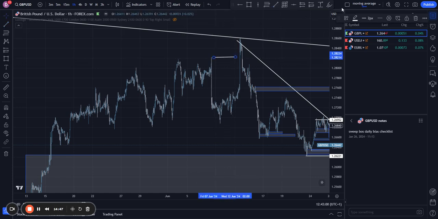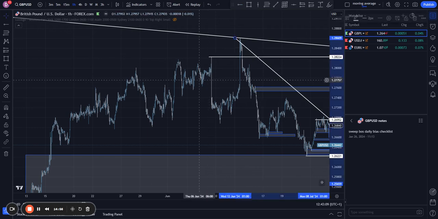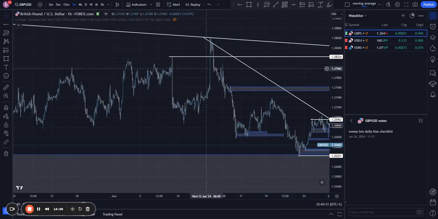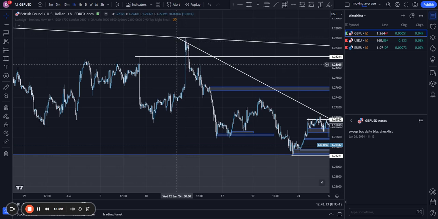Price comes up, taps a trend line, it purges this liquidity pool, liquidity high, liquidity high, liquidity high. This got taken by this, and that's why when you see this tap, when price comes up and takes this liquidity, it then distributes it to the downside.